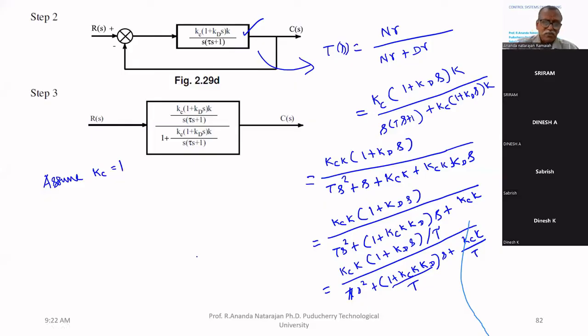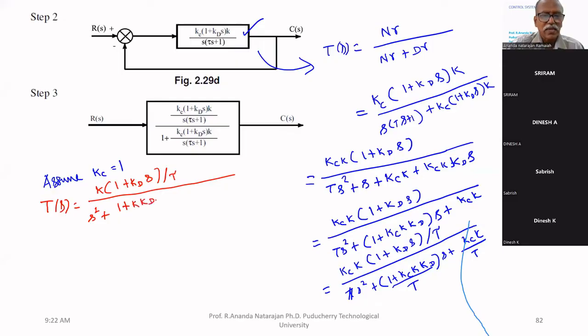Only derivative controller means, the closed loop transfer function T of S becomes K multiplied by (1 plus KD S) upon S square plus (1 plus K KD) upon tau multiplied by S plus K by tau, because Kc equal to 1.